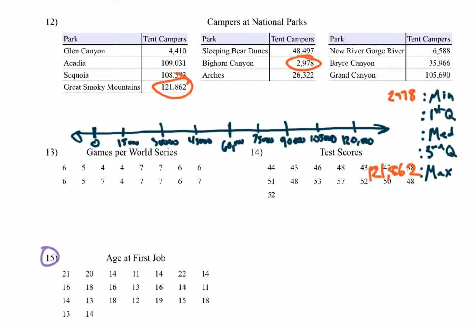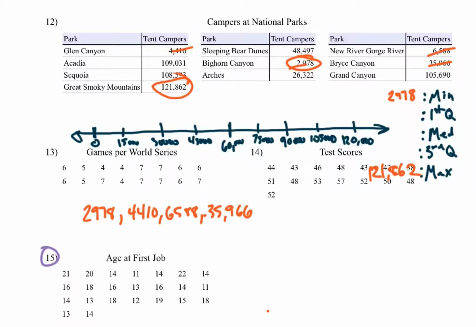So what we need to do is line up the numbers, don't we? So 2978, then 4410, then 6588, then 35966.